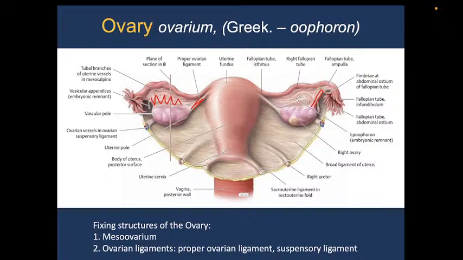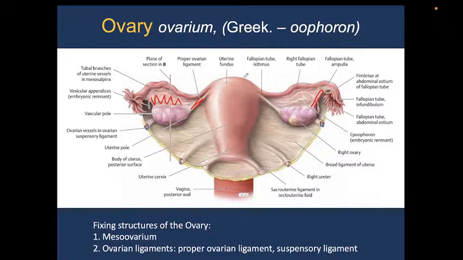So number 1, number 2, and number 3. These structures fix the organ in the lateral side of the minor pelvis.